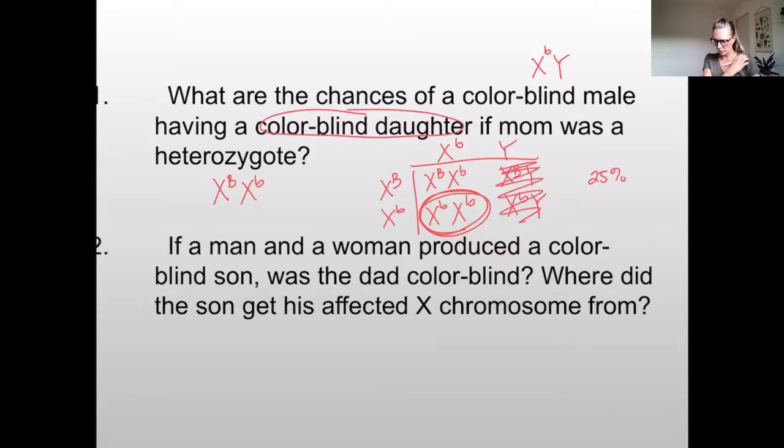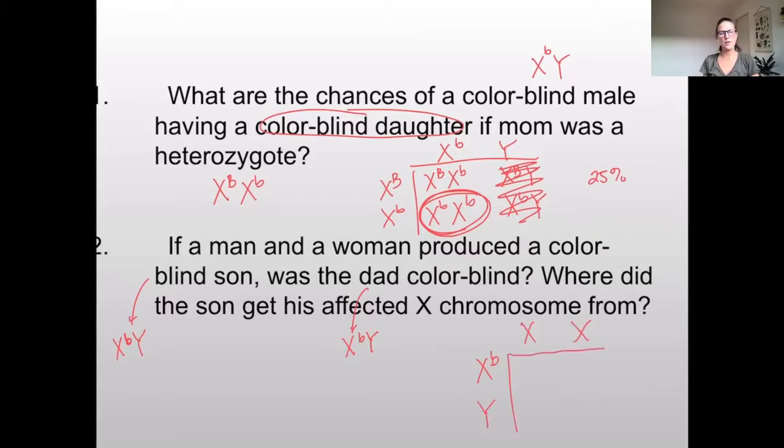If a man and a woman produce a colorblind son, so we know what his genotype is, and the dad was colorblind, where did the son get his affected X from? Let's draw out the pedigree and see.